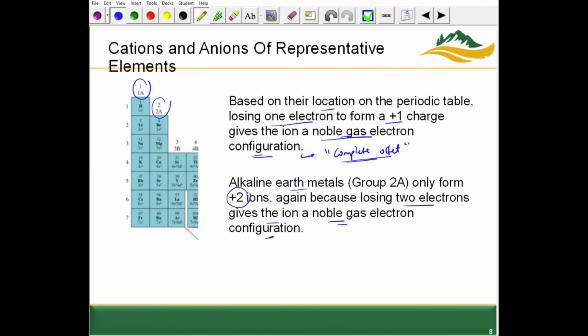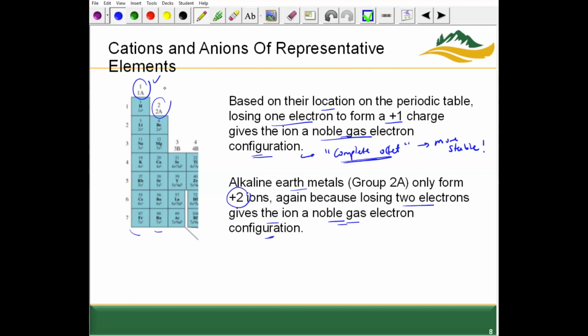Noble gases are really stable, they're really unreactive because they have a filled outer shell. Other elements will attempt to have a filled outer shell to resemble the electron configuration of noble gases, because a happy complete octet means more stable ultimately.